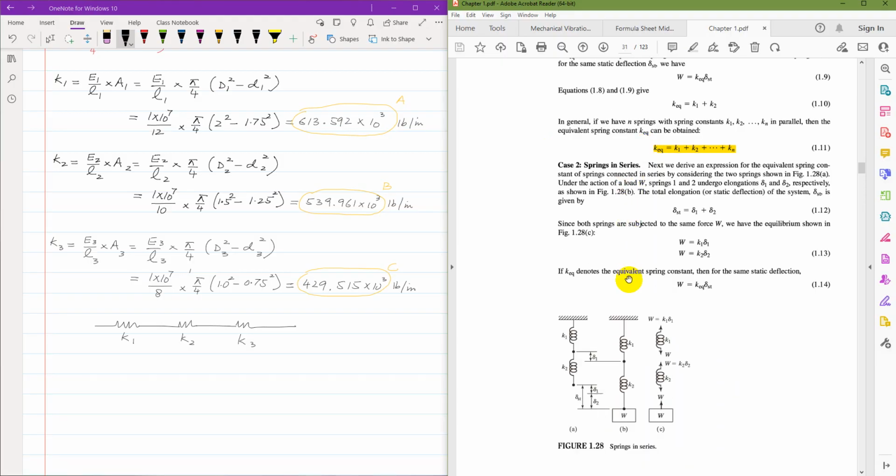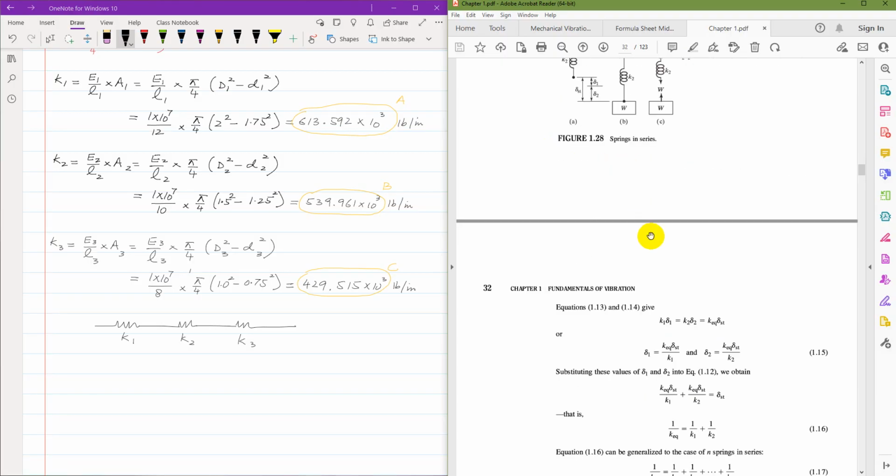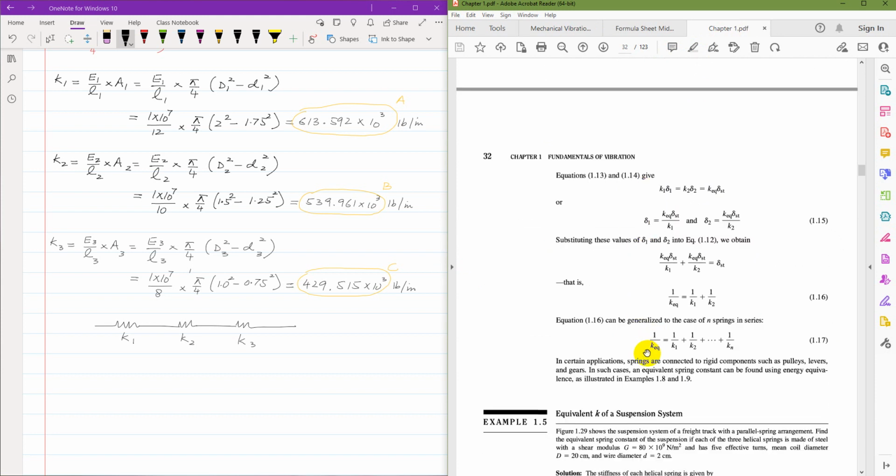When you have springs in series, their equivalent stiffness can be calculated using the formula: 1 over K equivalent is 1 over K1 plus 1 over K2 plus 1 over K3. Since we have the values of K1, K2 and K3, we can find K equivalent for this system.